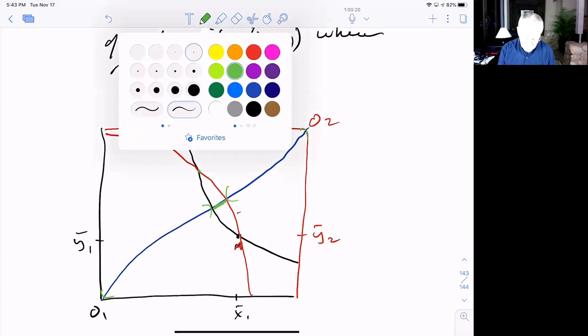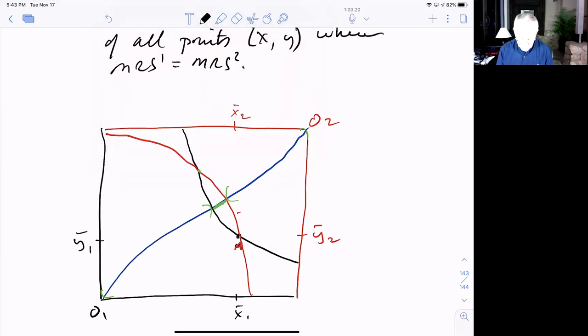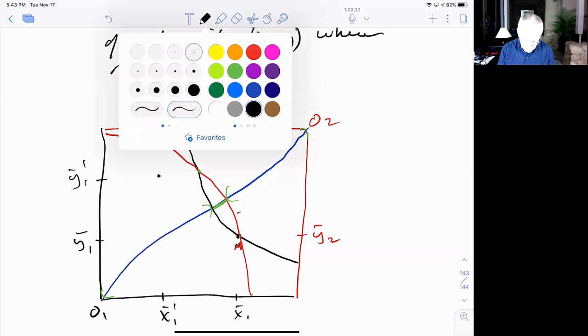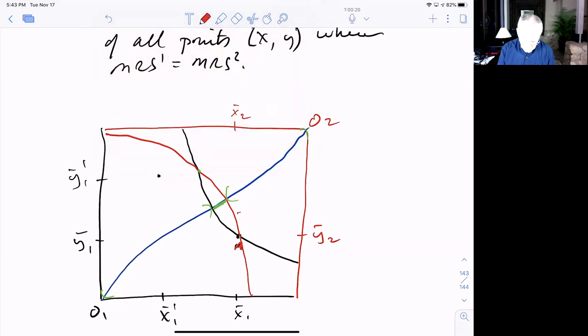Now, let's suppose that instead of that initial endowment, we had an initial endowment consisting of this much X for person 1 and this much Y for person 1. And so that means the initial endowment for person 2 was this much, X bar 2, and Y bar 2 there.